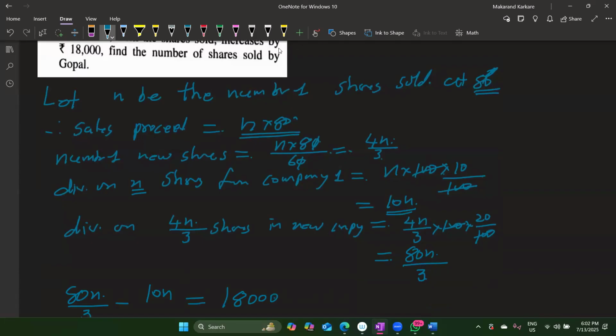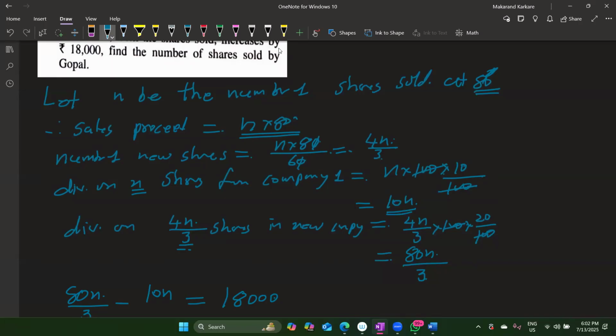The dividend on 4N by 3 shares in the new company, they are also 100 rupee shares, so that's 4N by 3 into 100. But this company is giving 20% dividend, so into 20 by 100. That works out to be 80N by 3.